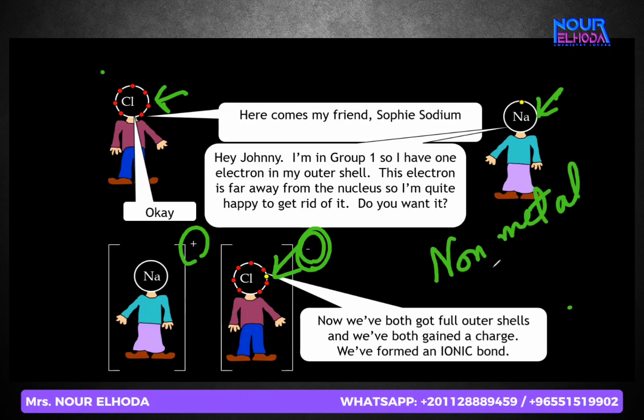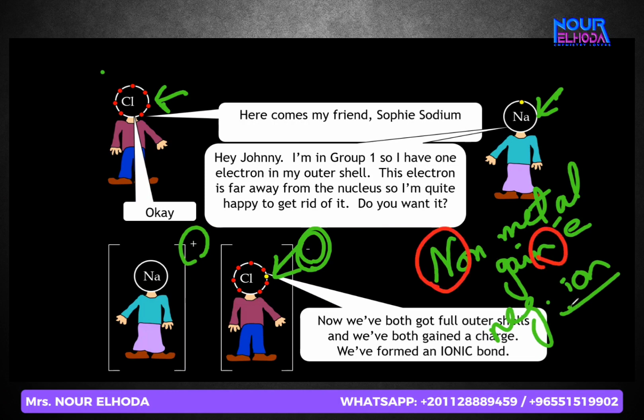Non-metals gain electrons and form negative ions. You see, all of them start with N. So non-metals gain electrons and form negative ions. So this means metals, what do metals do? They lose electrons and form positive ions. Clear? Any question?